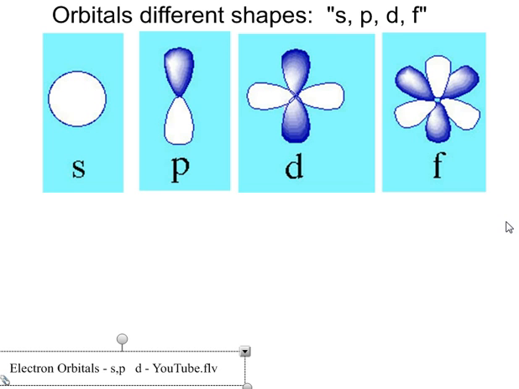So perhaps that's one way to help you remember the letter representations of those orbitals. And those letters S, P, D, and F don't actually stand for sphere, peanut, diamond, and flower. There is sort of a name that goes along with those, but they're confusing, and I'm not going to mention them here.